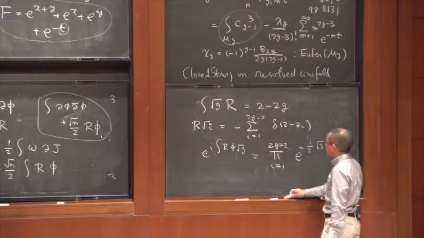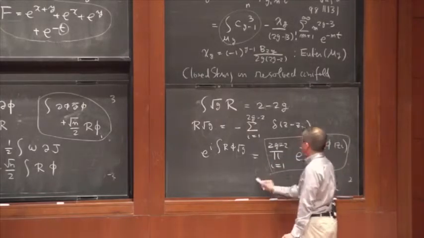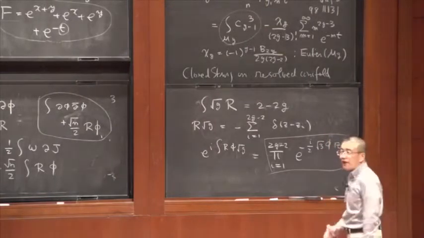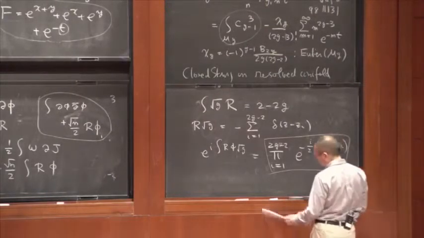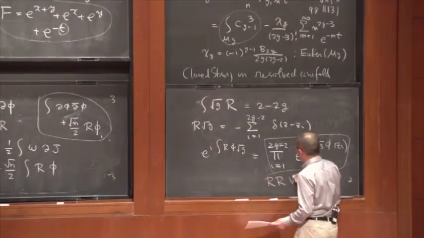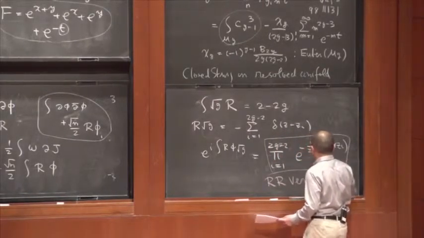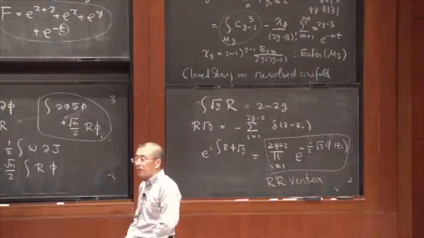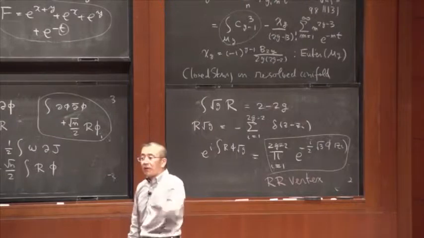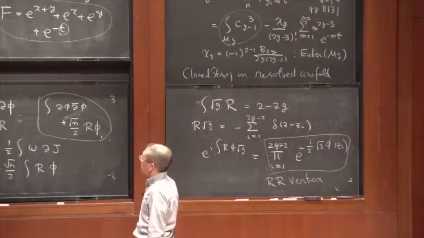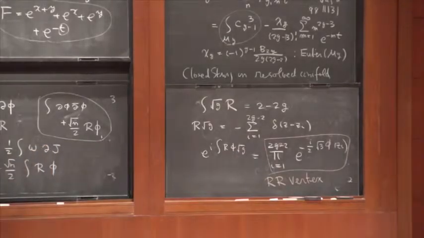This is nothing but the contribution of the compactified part to the vertex operator of Ramond-Ramond type. So if you have a string theory in NSR formalism, you have an NS sector and a Ramond sector. The Ramond-Ramond sector gives rise to, in particular, the graviphoton that we are talking about here.